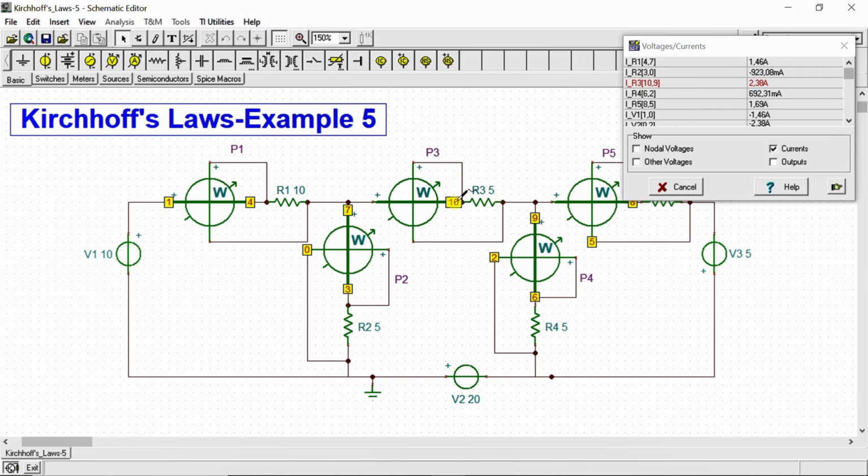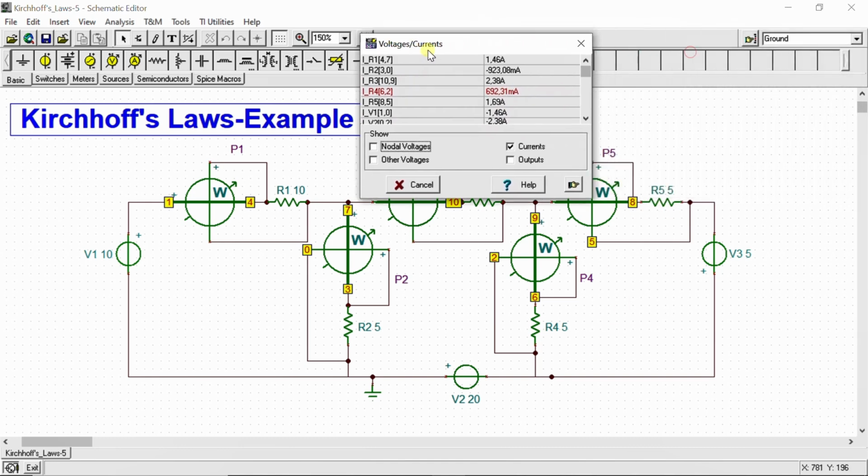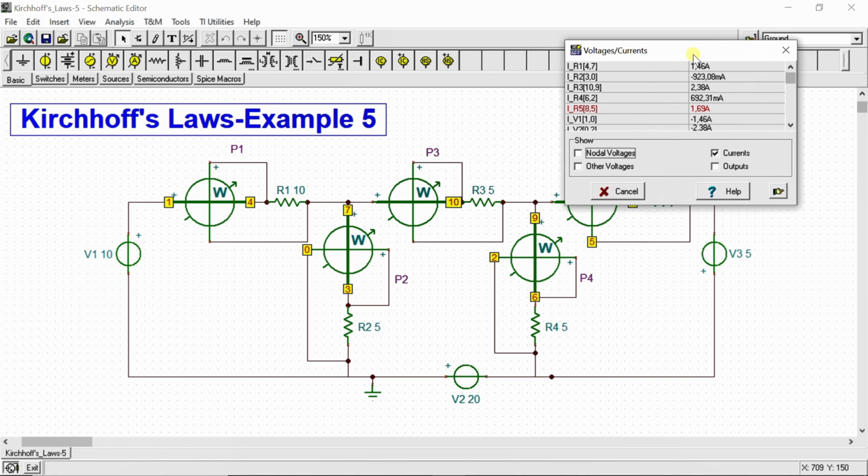This is the current I3, that's 2.38. I4 is 692.31 milliamps. And finally, this is the current through the resistor R5, that's 1.69 amps. So we verified our calculation.